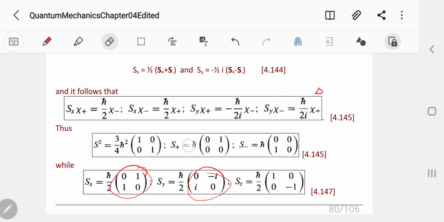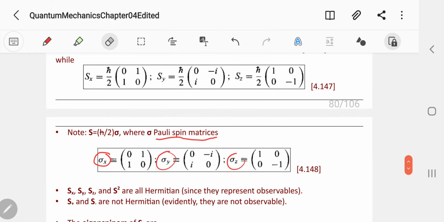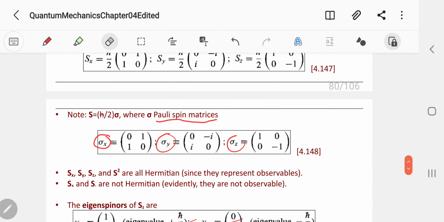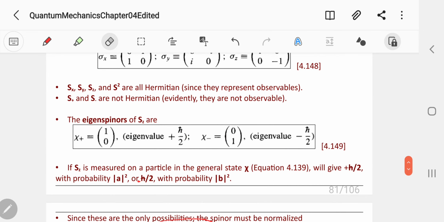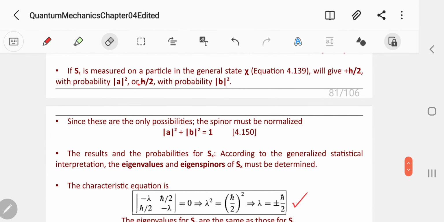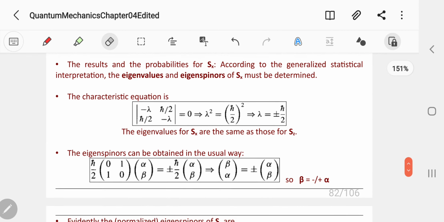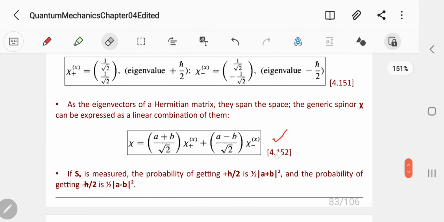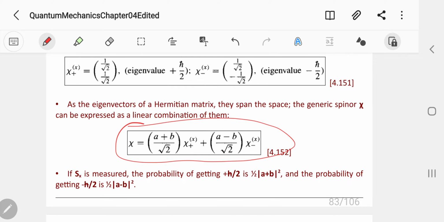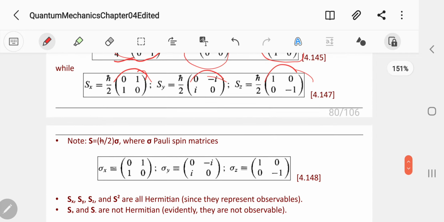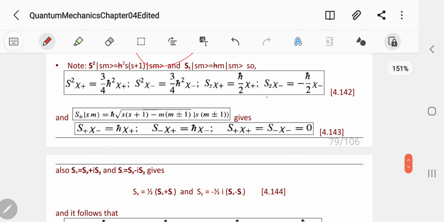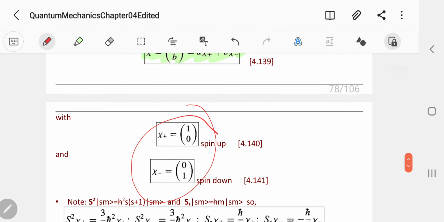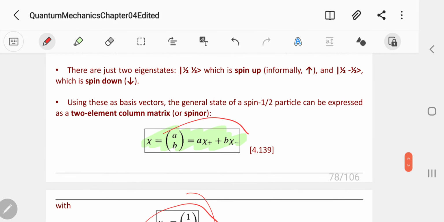Wait, let's clean this. Let's clean everything. For Sx, you have to write it like this. So if you compare that, that's entirely different here.